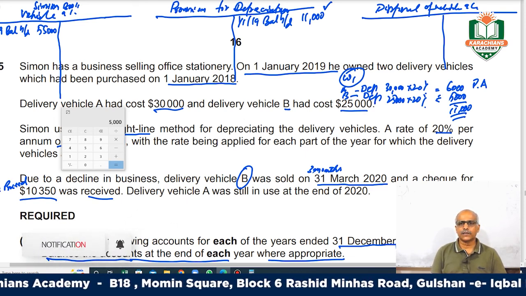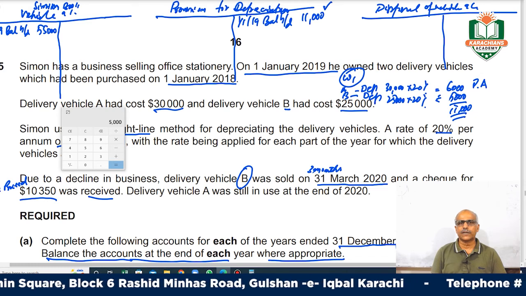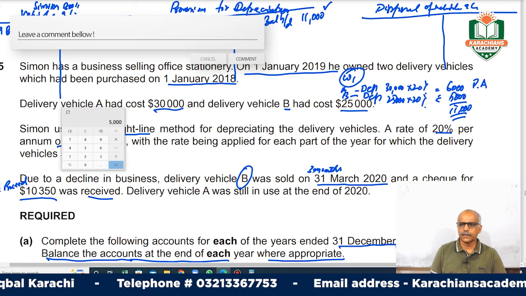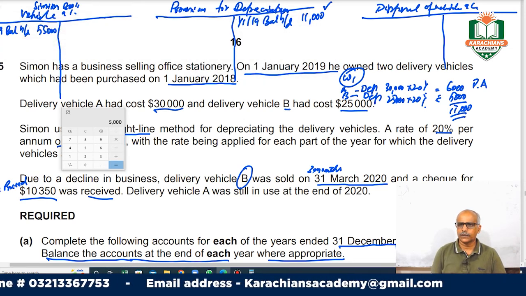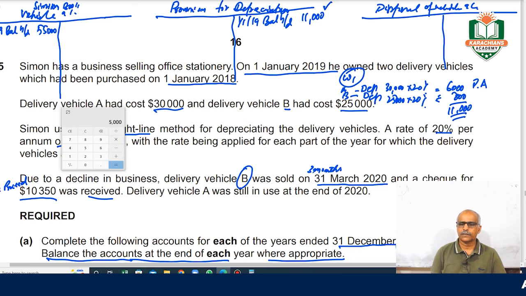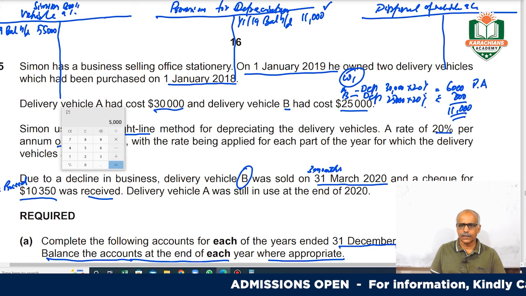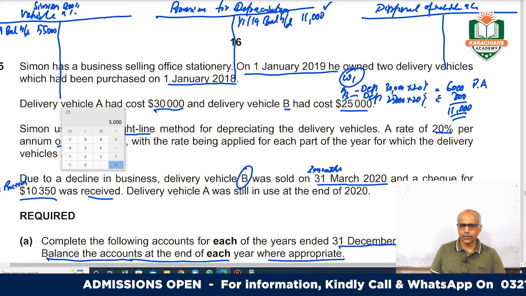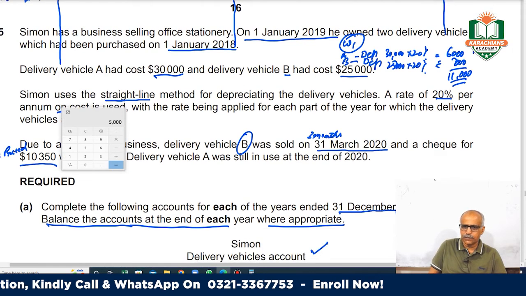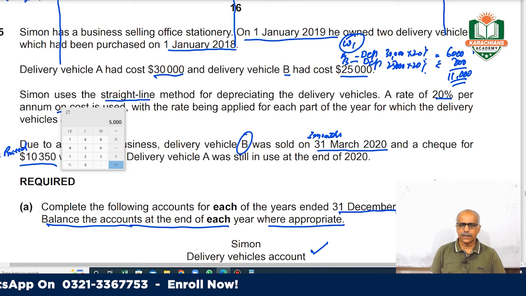This has already been charged, and as you are making the accounts for 2019 and 2020, so in 2019 this 11,000 will be charged as is. So 11,000 will be charged total in 2019, right? So for the 2020, I am seeing this vehicle B, it was with us for 3 months, right?